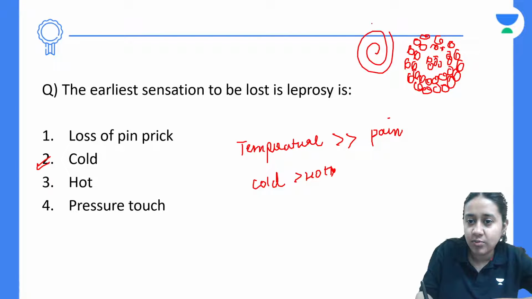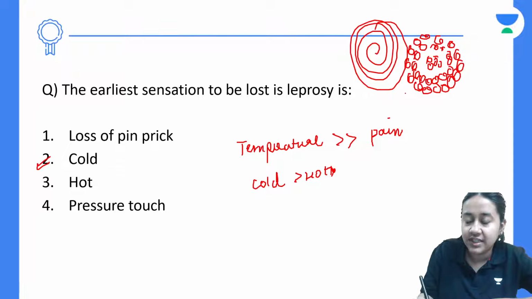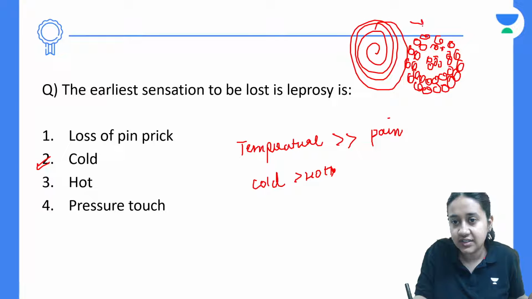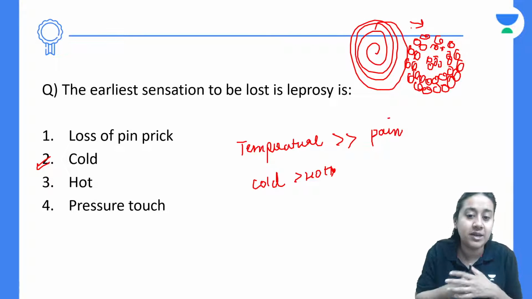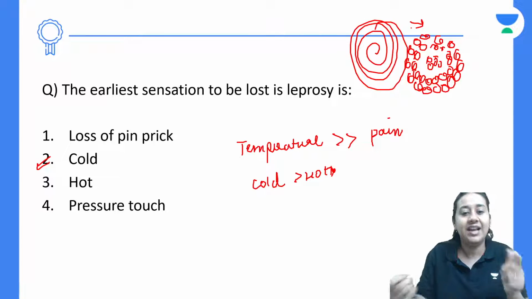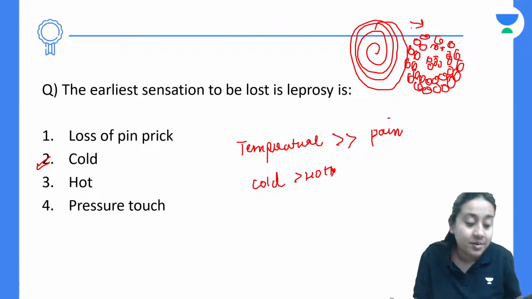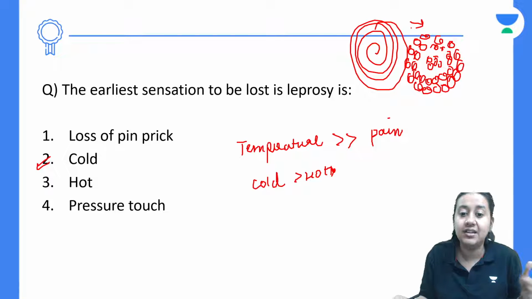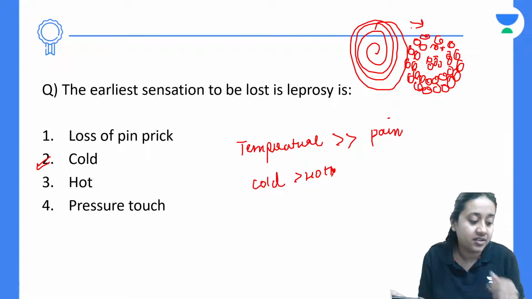In leprosy, the enlarging granulomas compress the nerve from outside to inside, so the fibers that come in contact first are the temperature ones, and that is why they are lost first. The sequence remains temperature, pain, touch, and so on.